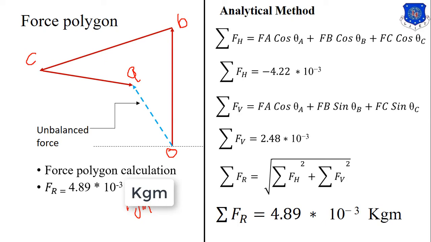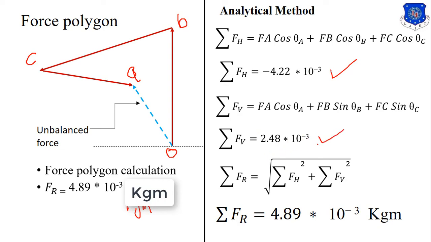Now let us have the analytical method, solved analytically similar to the couple values. So the force horizontal is Fa cos theta A plus Fb cos theta B plus Fc cos theta C. By putting all these values we get the horizontal value as minus 4.22 into 10 raised to minus 3. Similarly, for the force vertical we get 2.48 into 10 raised to minus 3.